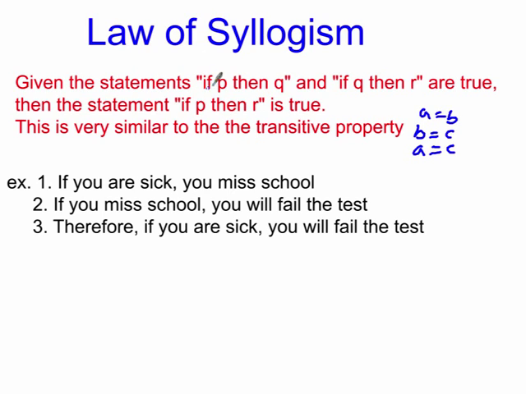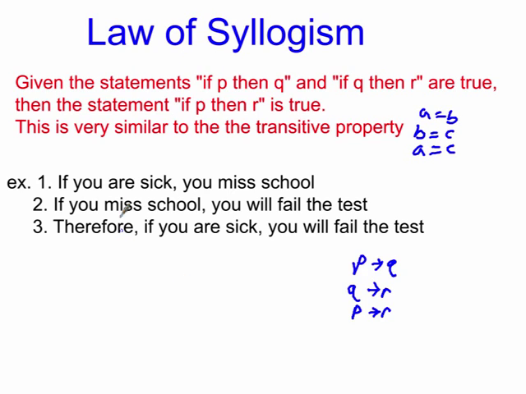It says, given the statements if P then Q and if Q then R, then the statement if P then R is also true. So P implies Q, Q implies R, therefore P implies R. Because P leads to Q, and Q leads to R, so P leads to R. It's very similar to the transitive property.